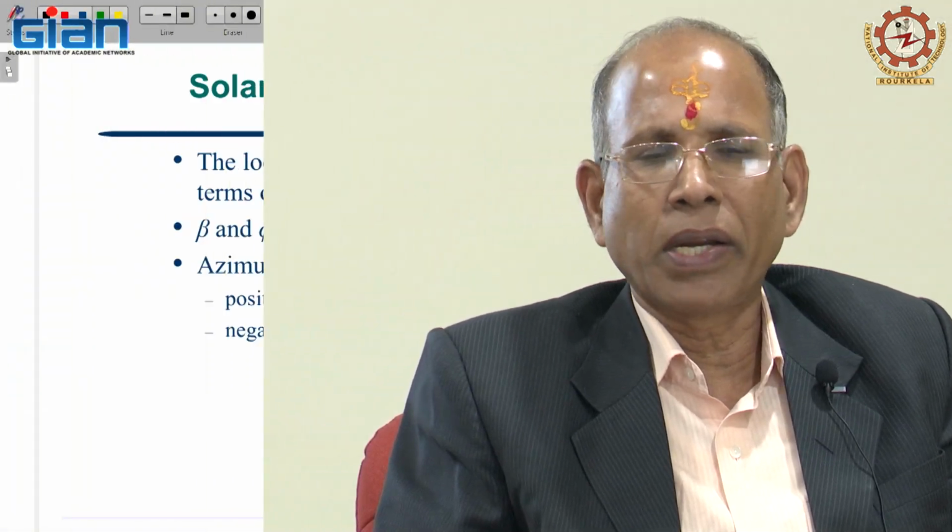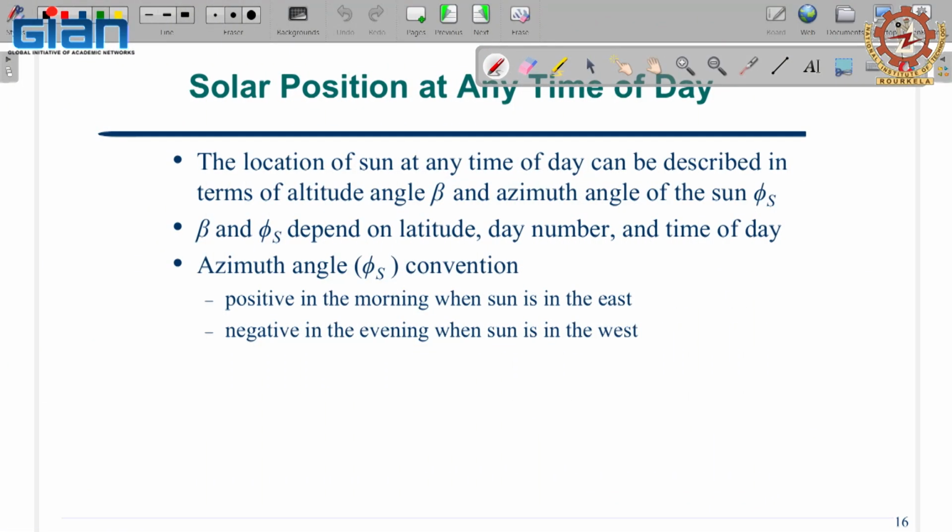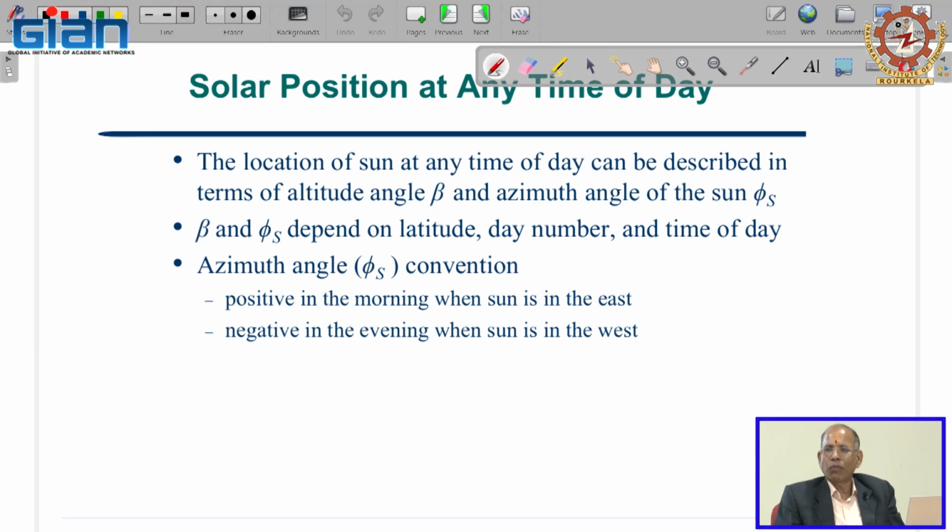Another interesting point: if you want to know the position of the sun at any time of the day, you want to track the position of the sun at any time of the day, what do you need to know? You need to know the altitude angle beta, and then there is another angle, the azimuth angle of the sun, called phi s.